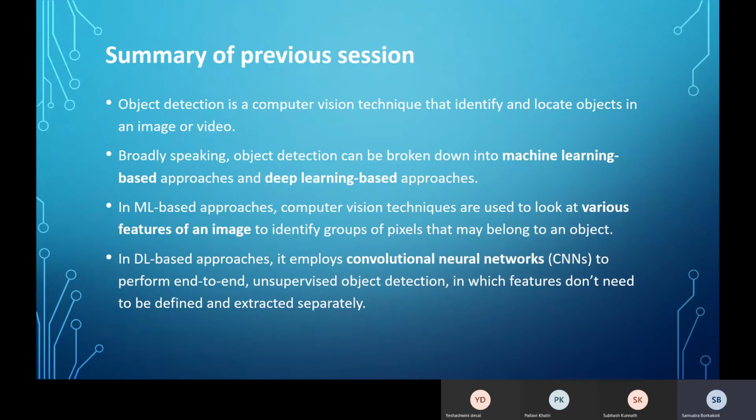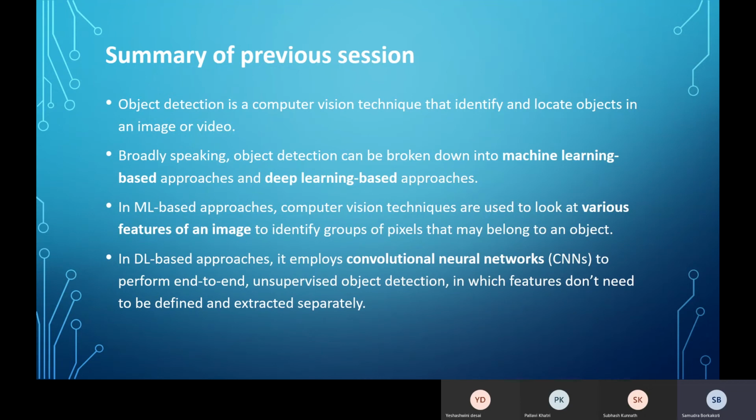So to summarize the previous session, object detection, as you can guess, is a computer vision technique, but it consists of two parts: the identification and the localization of objects in the image. Identification is where the object is classified, what kind of object it is, which group or class it comes in, like is it a car or a bike or a person or an animal, or even dog, cat, or even the species.